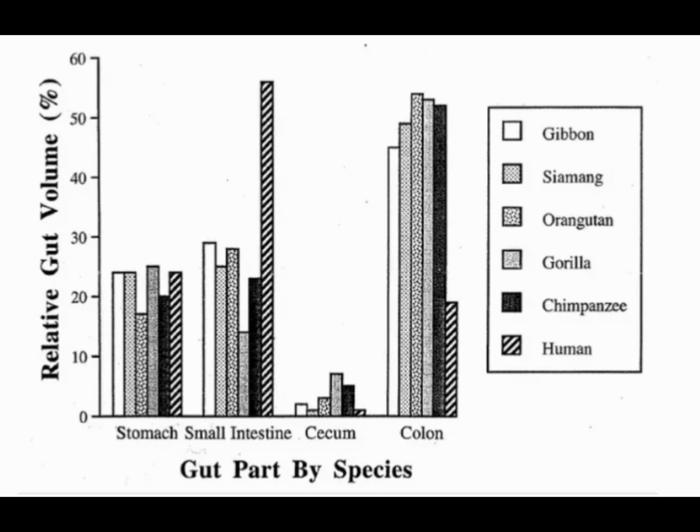The humans tend to absorb most of their nutrients in the small intestine, where the great apes will also absorb a lot of their nutrients in the colon. These are just some major differences in our digestive physiology and our digestive function as shown on this chart.